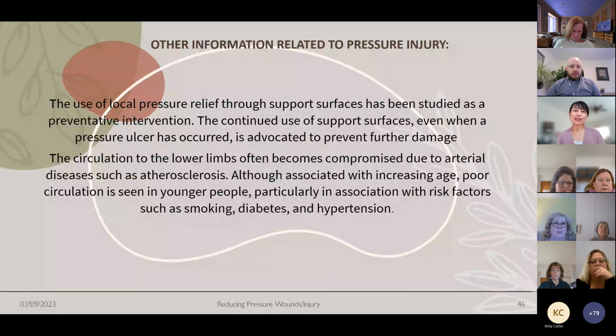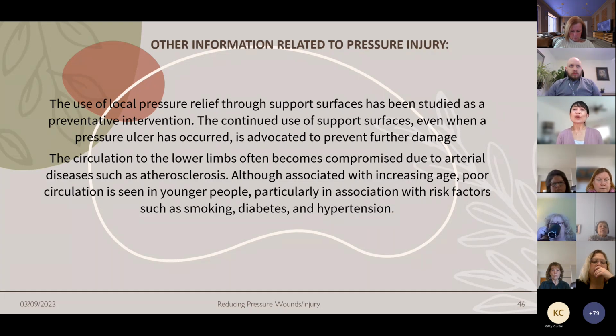This is again related to pressure relief, and I add in here that circulation is also very important. The circulation to the lower limbs often becomes compromised due to arterial disease such as atherosclerosis.